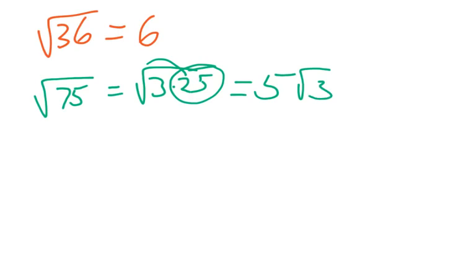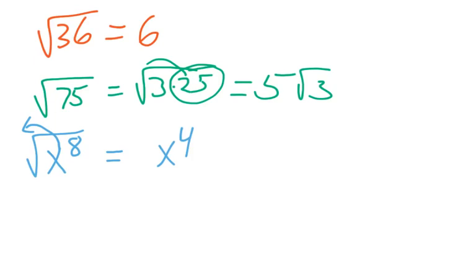Okay, for variables, if your variable has an even exponent, it gets to escape by dividing by 2. So 8 divided by 2 is x to the 4th. And remember, if it escapes the radical symbol disappears. Don't need it.